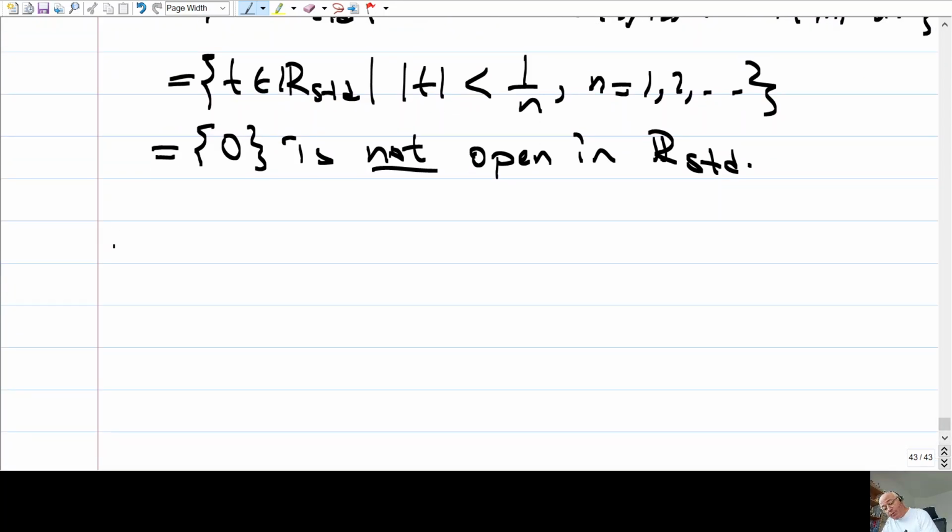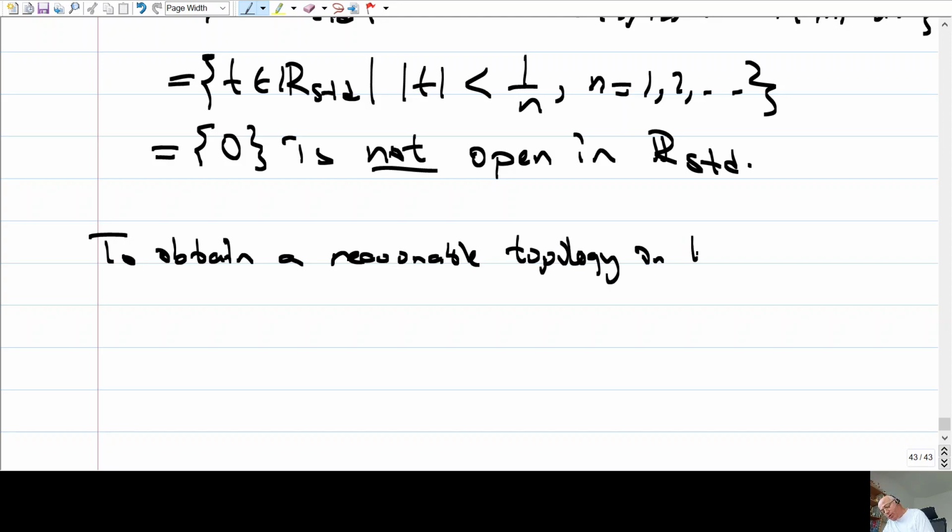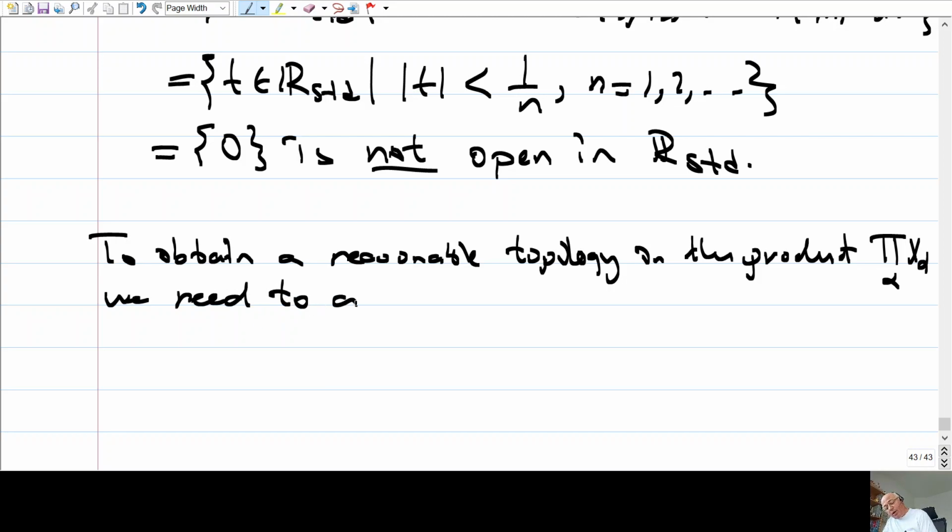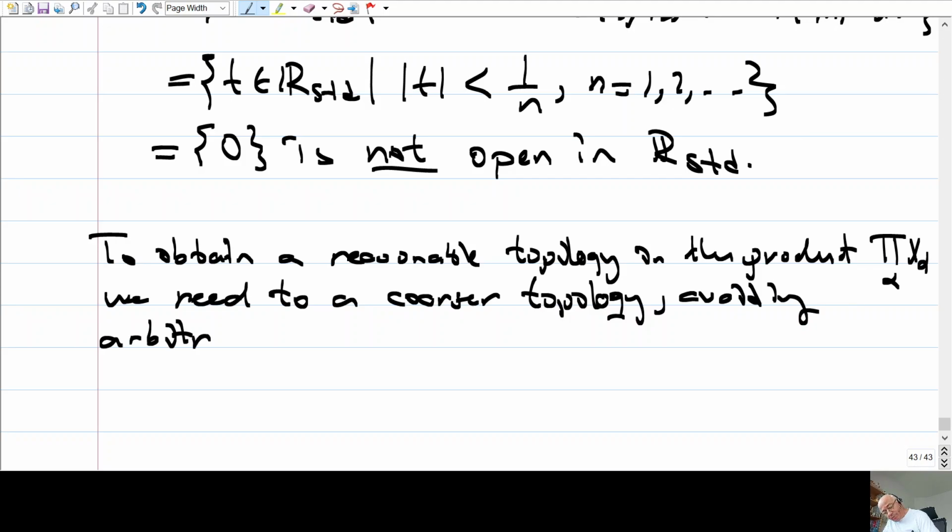So to obtain a reasonable topology on the product set, we need to choose a coarser topology, avoiding arbitrary products of open sets.